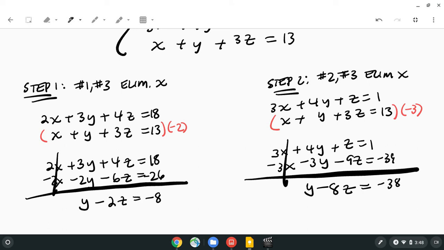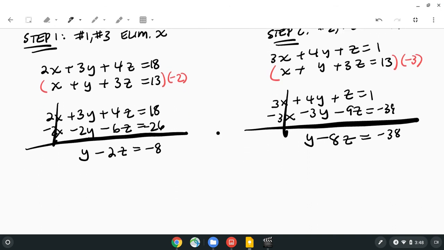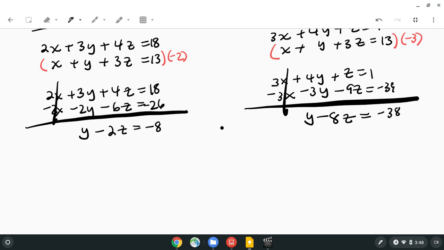You can see there's a lot of computations going on, lots of room for small mistakes. So now we have our 2 equations, and these 2 equations form our smaller system. y minus 8z equals negative 38.